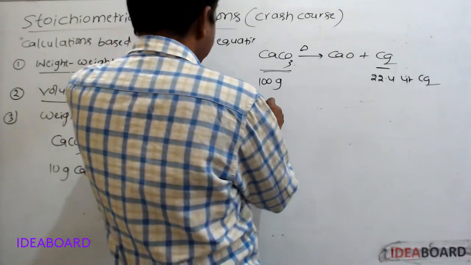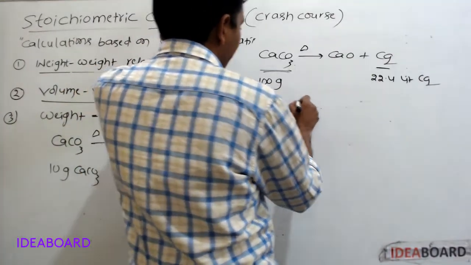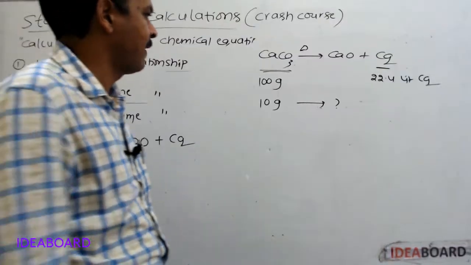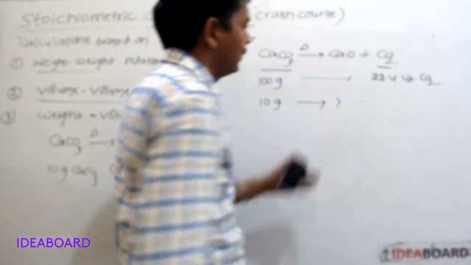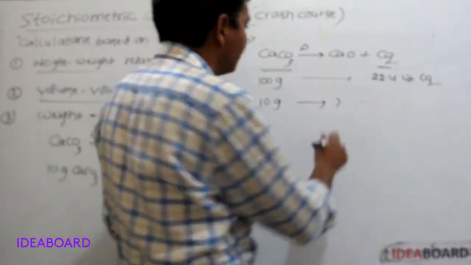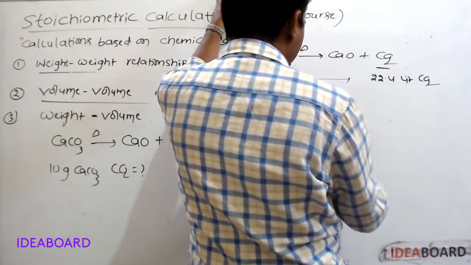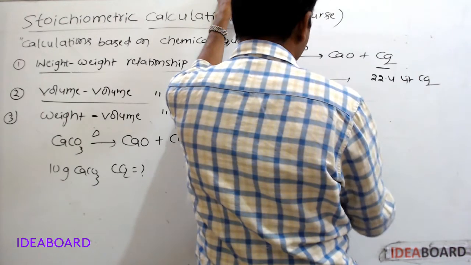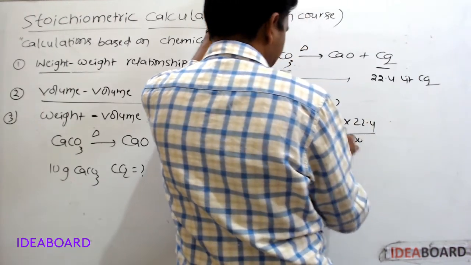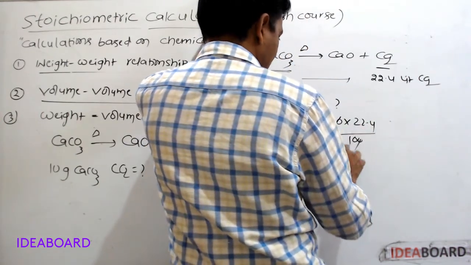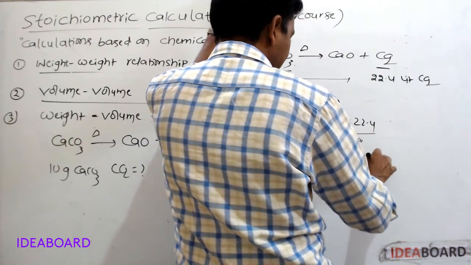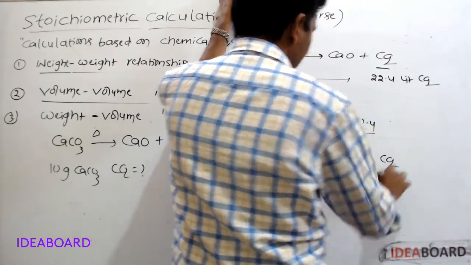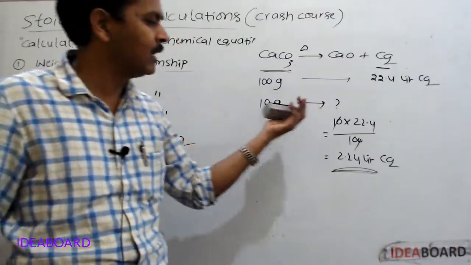We should calculate how much carbon dioxide 10 grams of calcium carbonate liberates. 100 grams gives 22.4 liters, then 10 grams gives how much? 10 into 22.4 divided by 100, 2.24 liters of CO2 gas will be liberated.